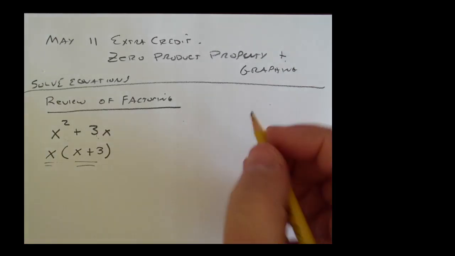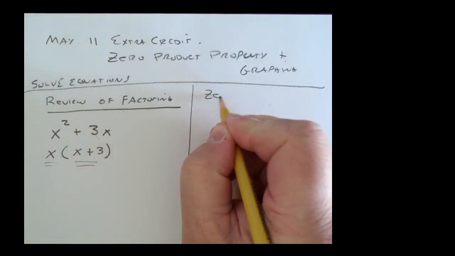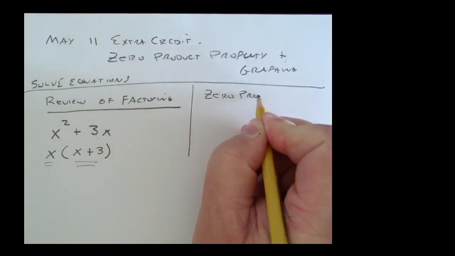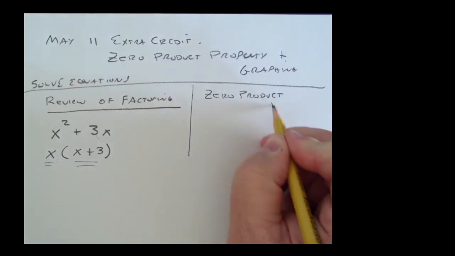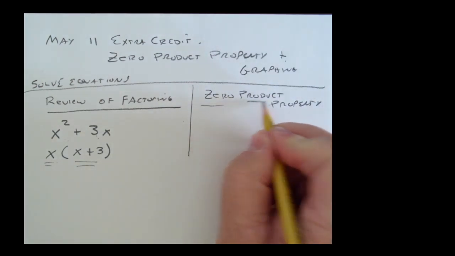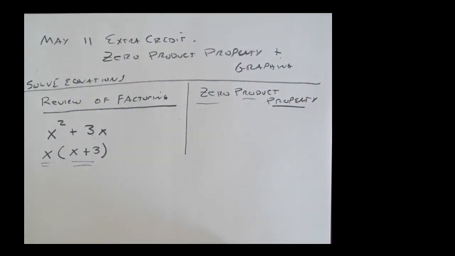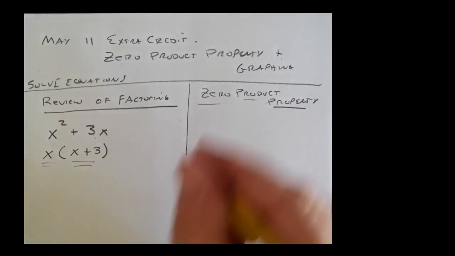Well, I'm going to add in right now what's called the zero product property. And you might want to write this down, or at least follow along with it.